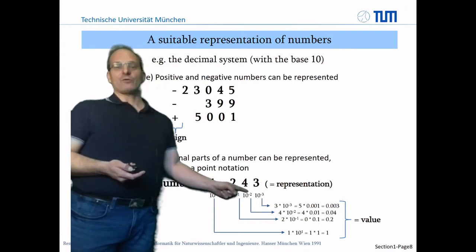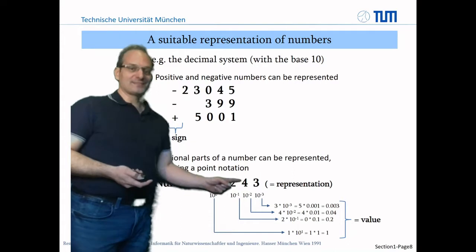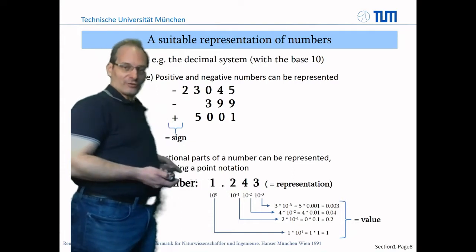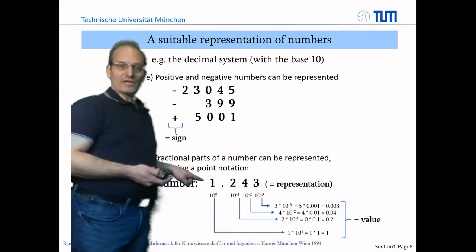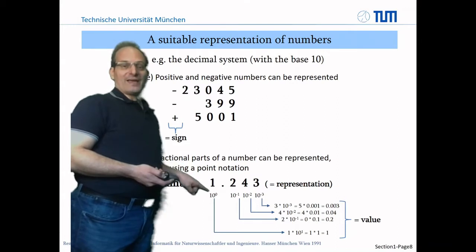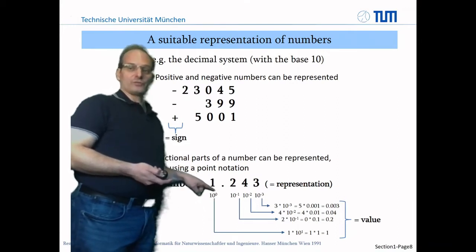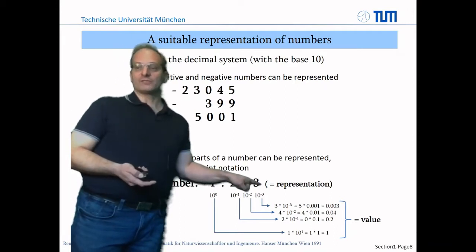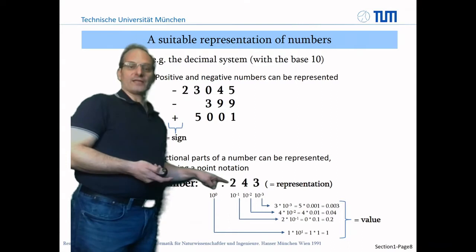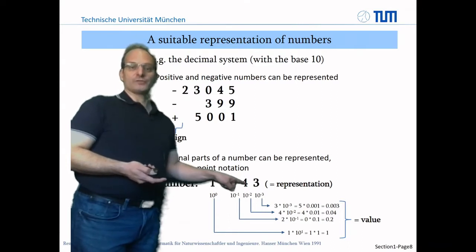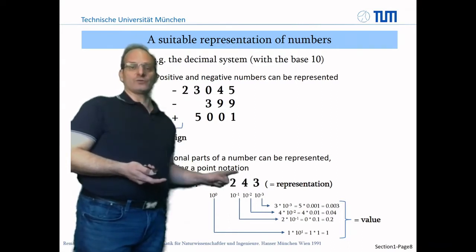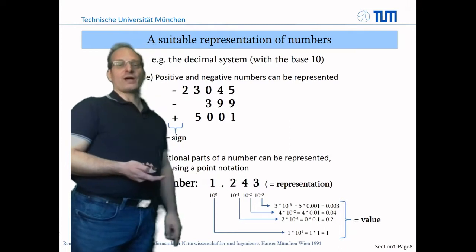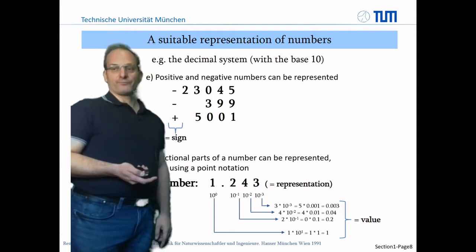How is the calculation done here? It's the same as in front of this dot. Here we calculate the value which is represented here times 10 to the power of 0, for example. And in this direction, you always multiply with 10 to the power of -1, -2, -3, and so on, so that we shift it to the right value order.